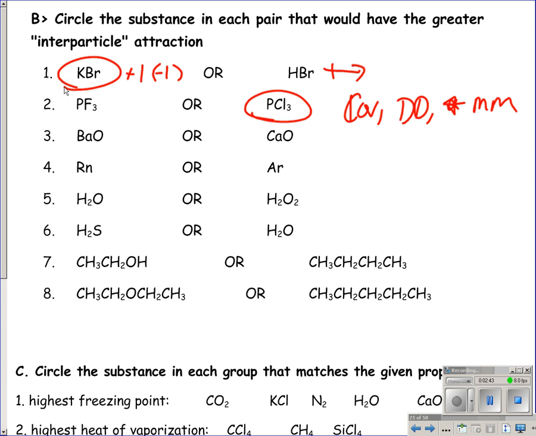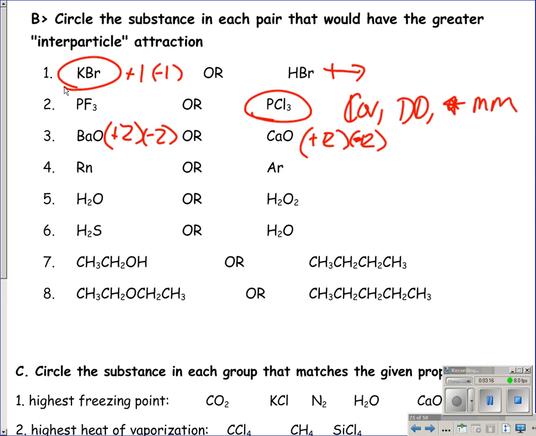All right, next one. Tell me your reasoning. What was your thought process? They both are ionic, so how do you figure out who has a stronger attraction? They have the same charge product, a +2 and a -2 on both sides. Look at the atomic radius.